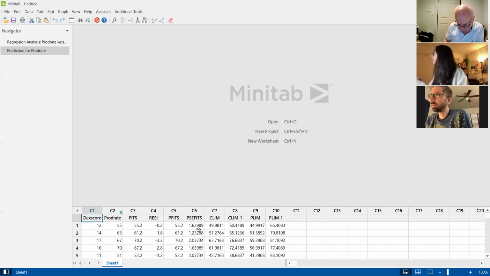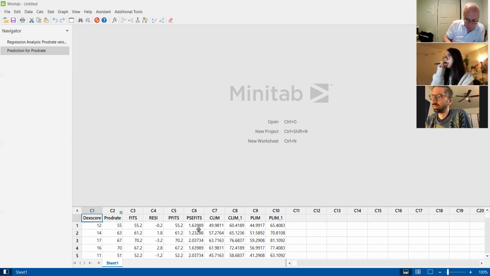Okay, 0.3538. That's what I had, yes. Now, if we took the square root of that, I get 1.1635 for the predicted interval. You have to add 1 to it inside the square root.